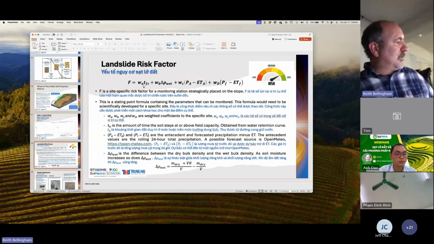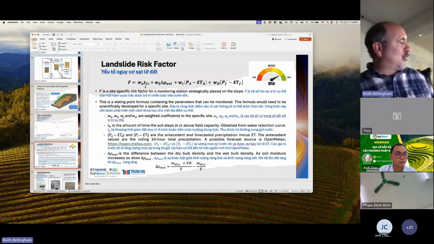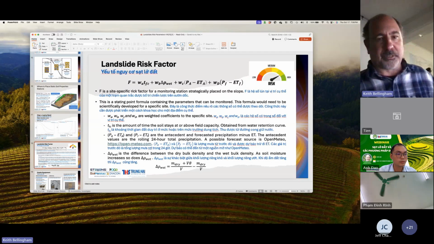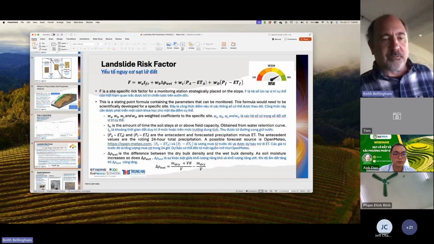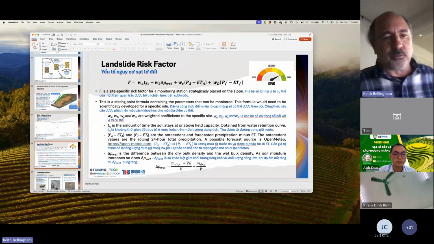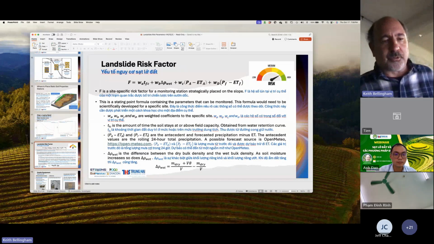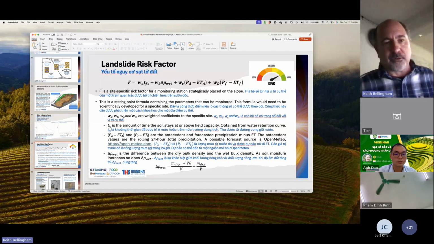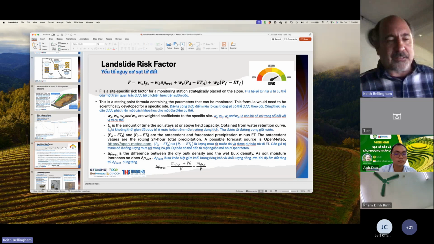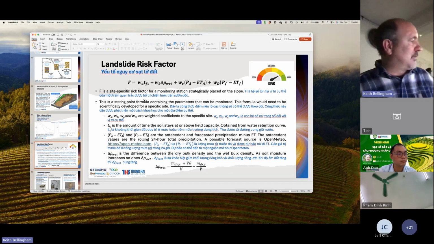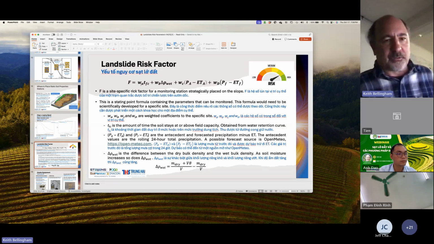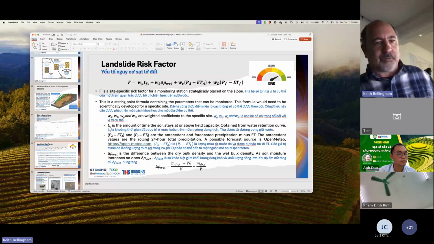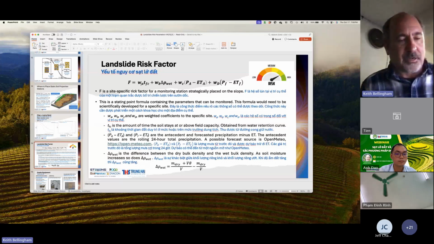So in this formula, as an example, if the field capacity of a particular soil is never reached, maybe the drainage is sufficient, or maybe there's even overland flow to the point where the field capacity on average is never reached, then maybe this weighting coefficient is less, because it's not important since it never gets there.